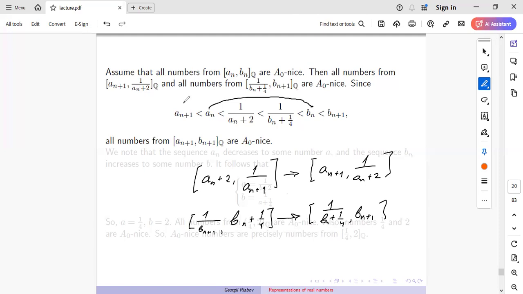We showed just now that all rational numbers from this segment are nice, and from this as well. So we deduce that all numbers from An plus 1 to Bn plus 1 that are rational are nice.